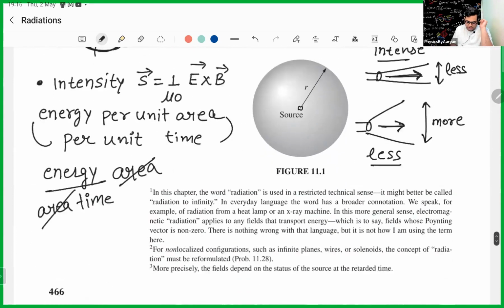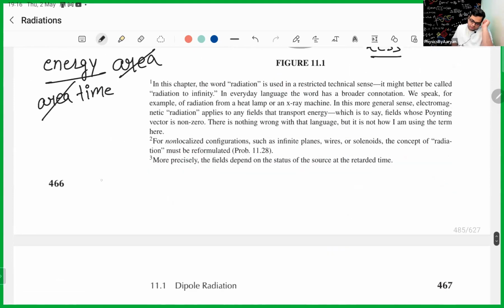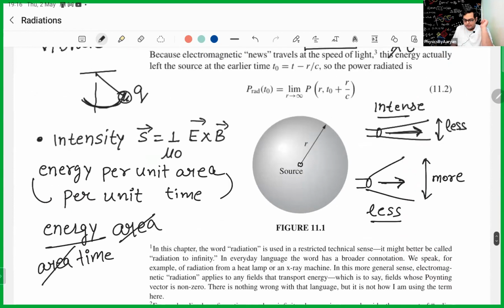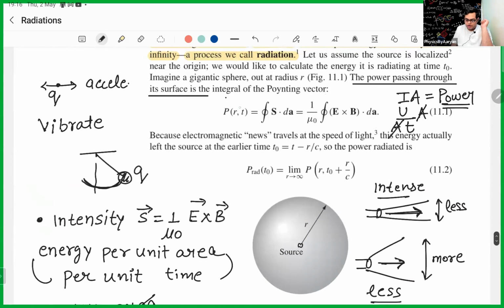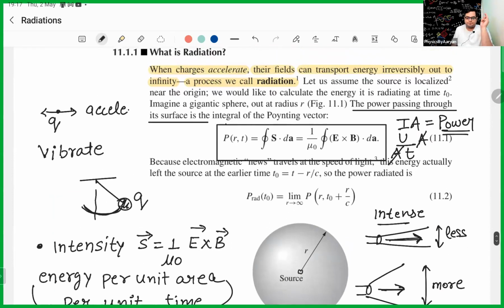So first of all, intensity is energy per unit area per unit time, and power is energy per unit time. Intensity into area gives you power. This is the formula used to find the power in basic electromagnetism. I'm not going to use it right now, but this is the power formula we use.